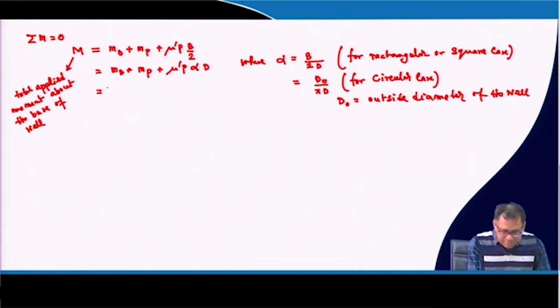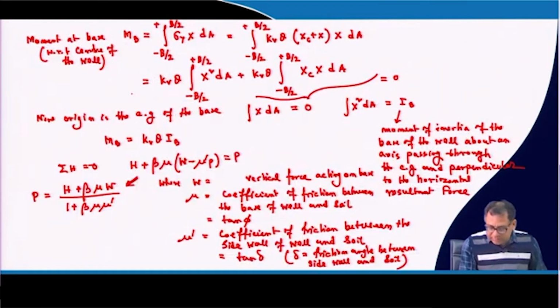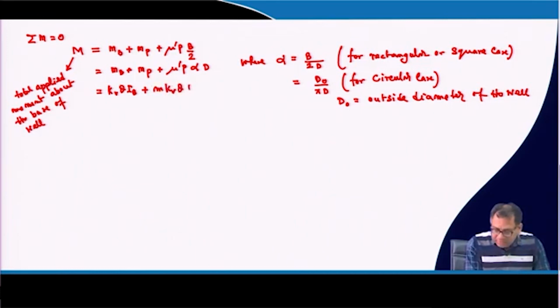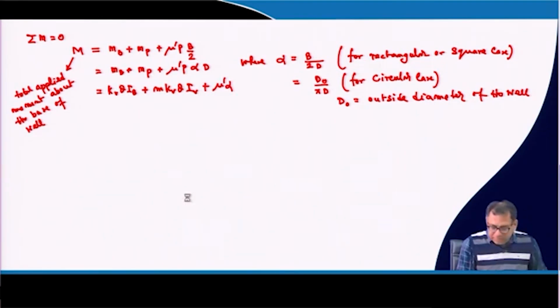MB is kV theta IB, and MP is m kV theta IV, plus mu dash alpha, and what is the P value?